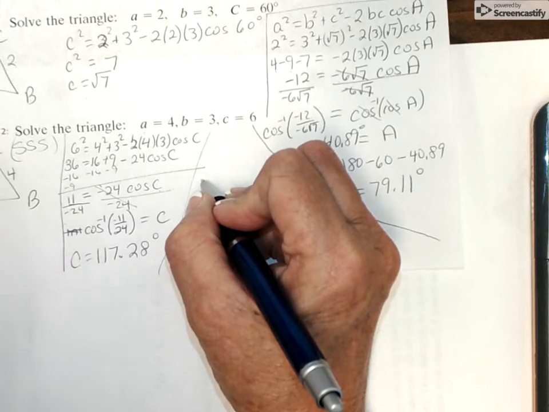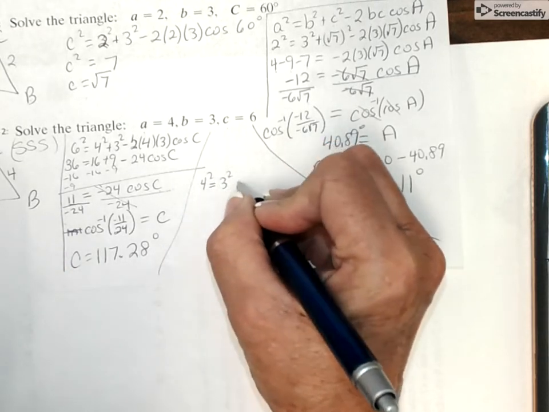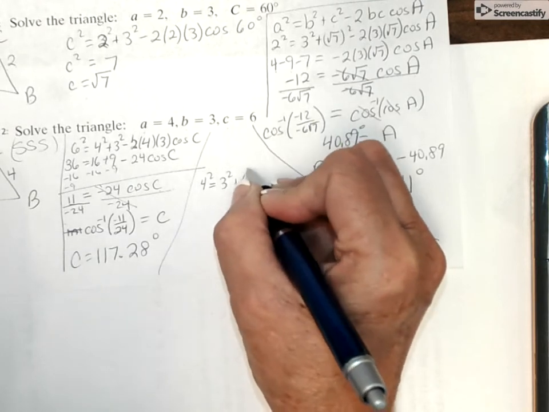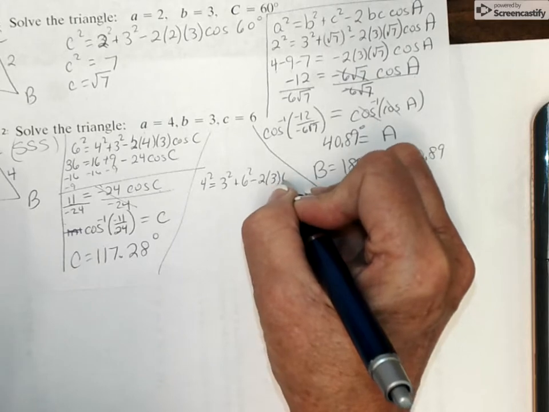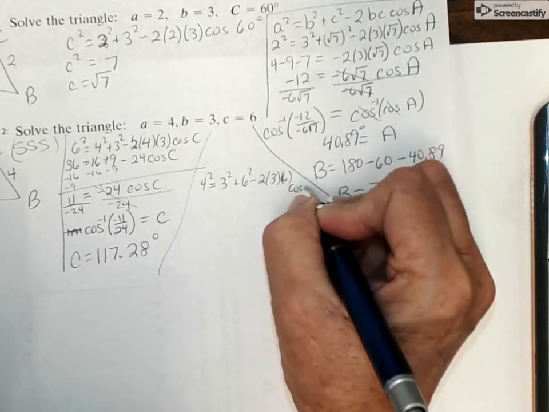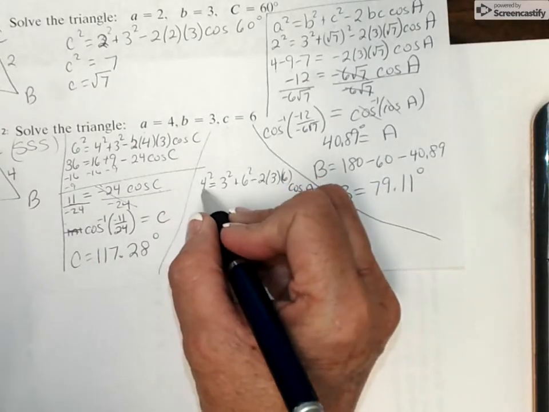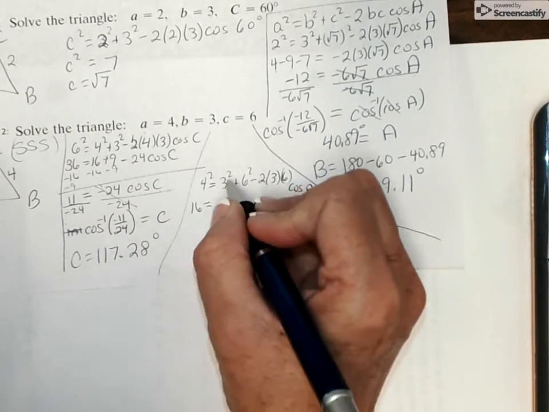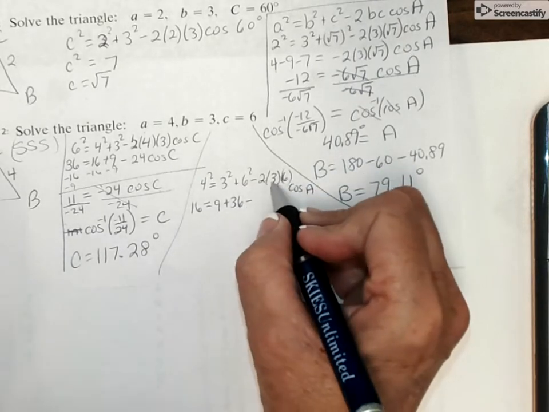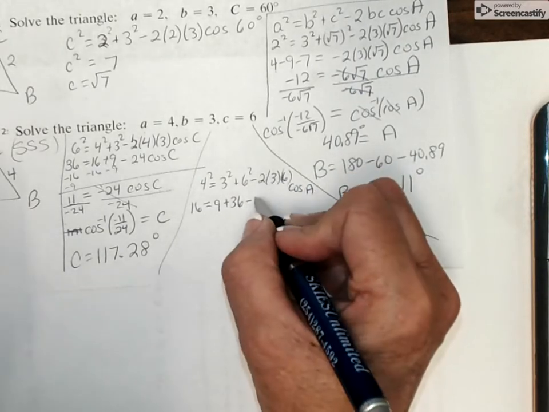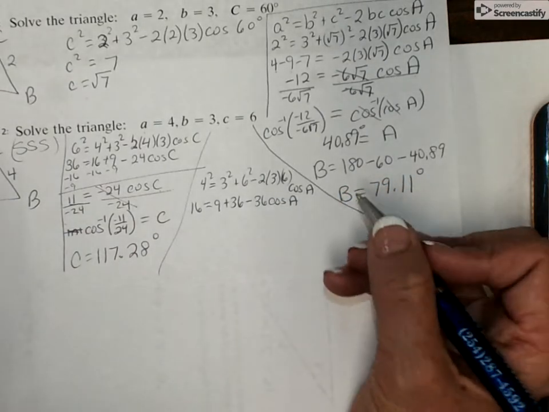So A squared is 4 squared equals B squared plus C squared minus 2 times B times C times the cosine of angle A. If we write this out, 4 squared is 16 equals 9 plus 36 minus 2 times 3 is 6 times 6 is 36 cosine of angle A.